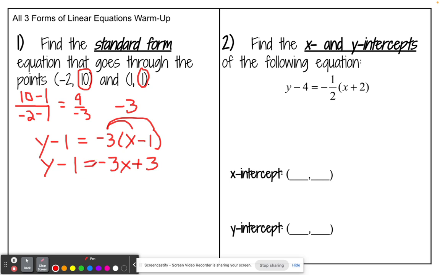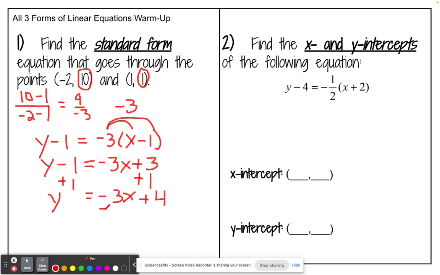So let's move my -1, adding 1 to both sides. Now I have y equals -3x plus 4.